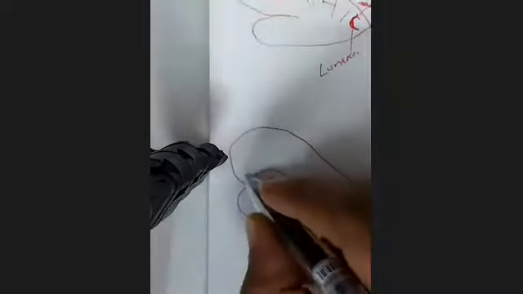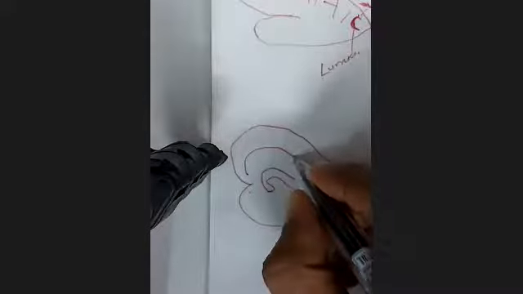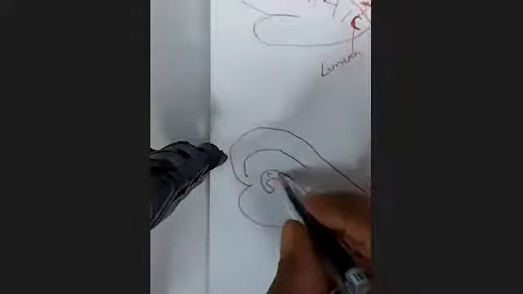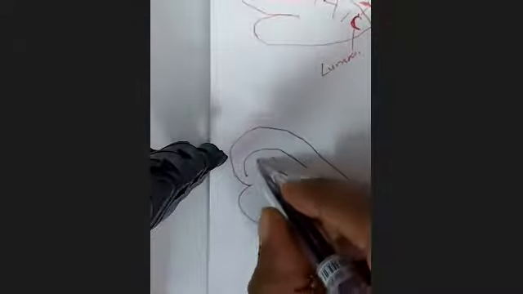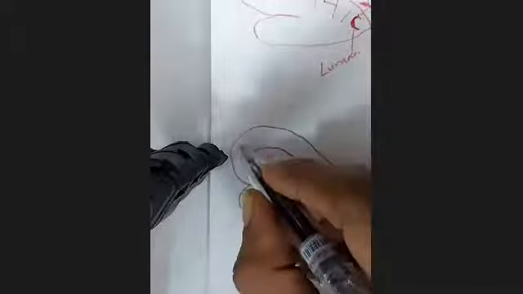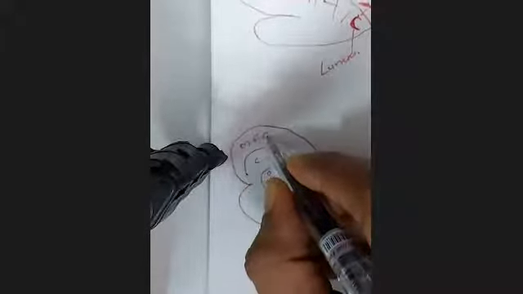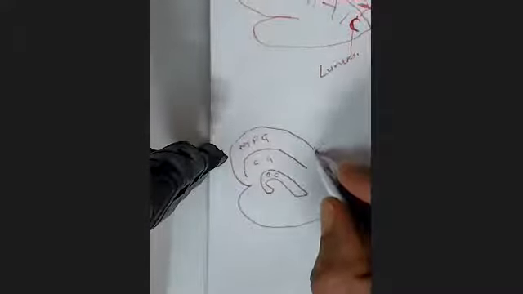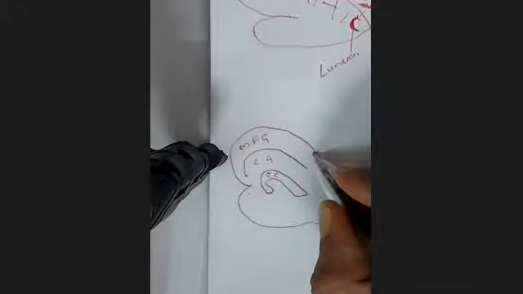And there is a single sulcus called cingulate sulcus. Between corpus callosum and the sulcus is cingulate gyrus, and this is medial frontal gyrus. Now here is central sulcus coming slightly on this aspect.